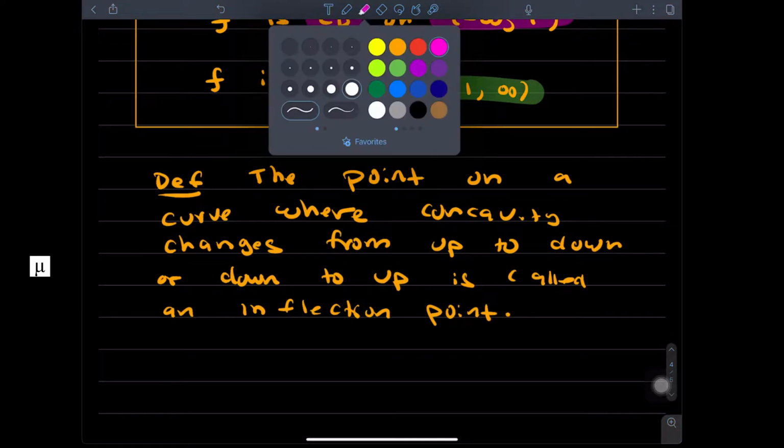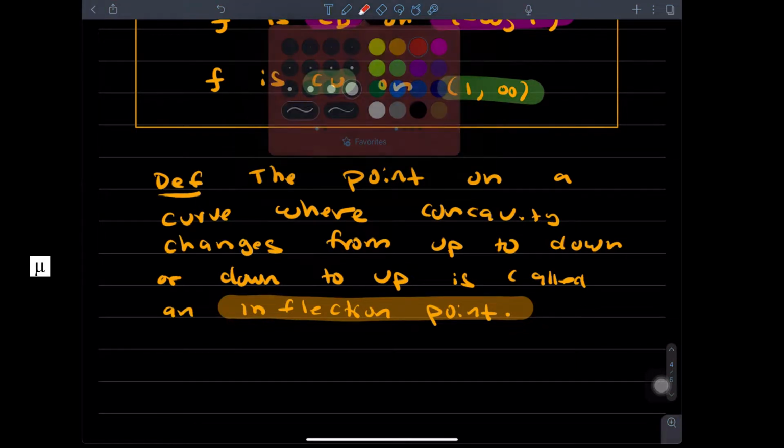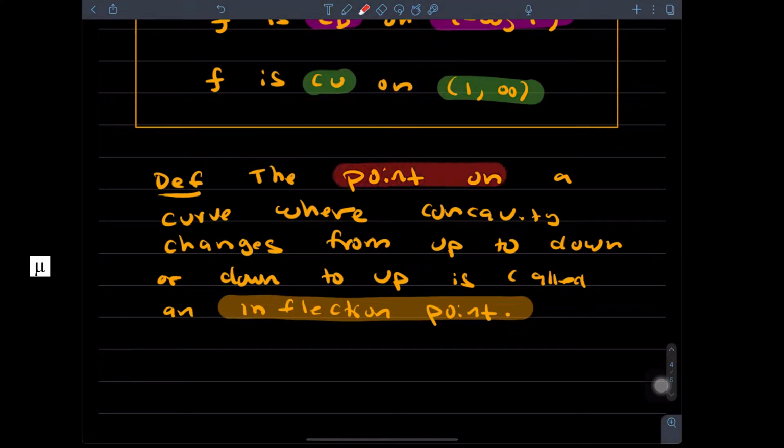Okay? This is the definition of what we call an inflection point. It's where you change concavity, but notice you must be on the what? On the curve.